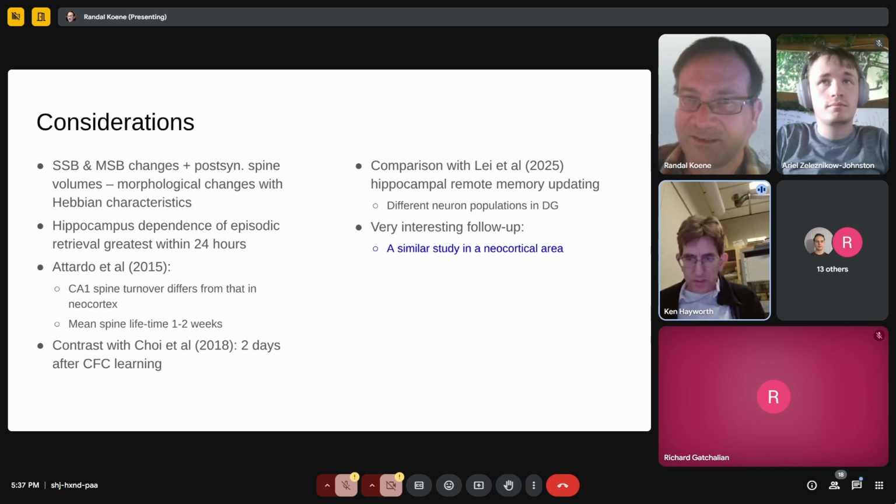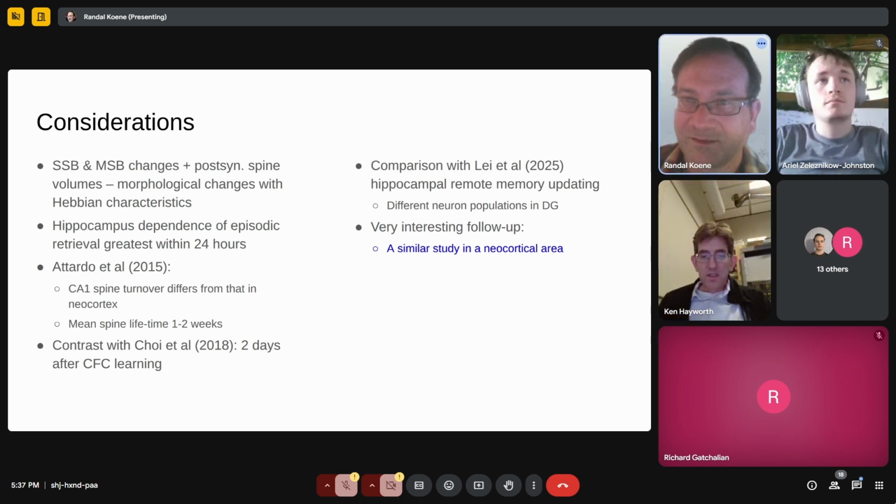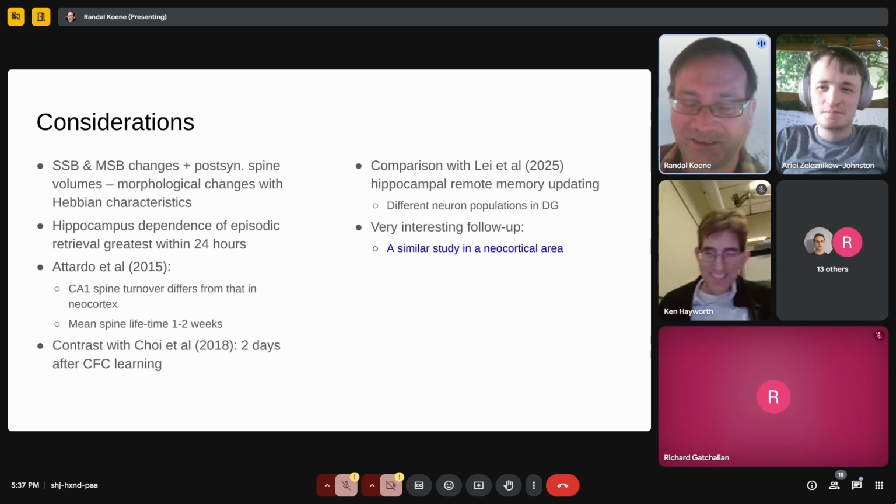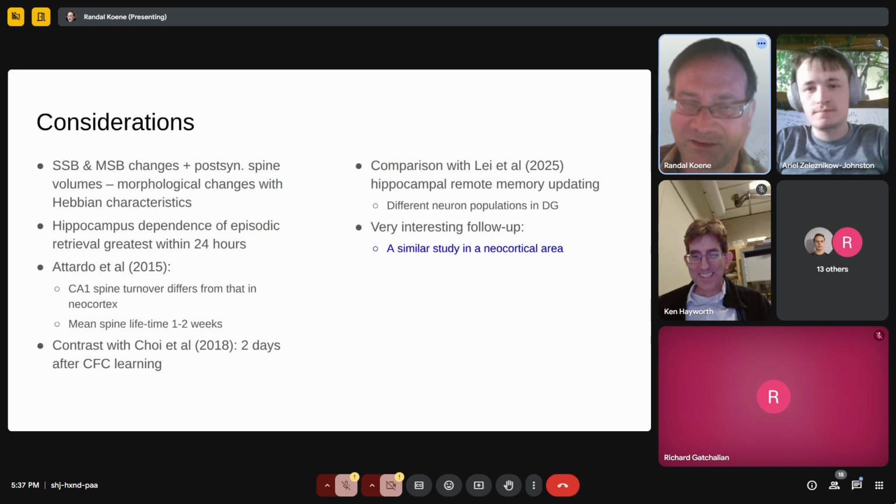No retrieval even for any of the mice at all. Okay. I mean, I would probably forget that I got shocked a week ago if I never thought about it or something. Yeah, I think a difference between 2 days and 7 days might make a difference. Yeah.